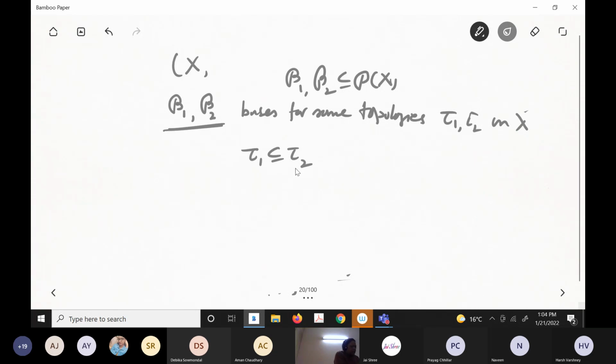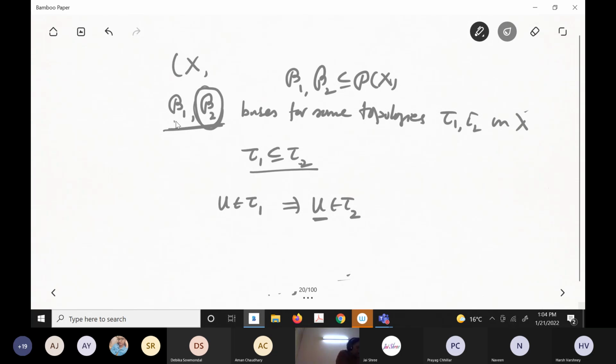Okay, now look, when you go for a base, if I want to have this, what is the necessary condition you should have? If U belongs to tau 1, I want to have it then U belongs to tau 2. That means U can be written as a union of some members of B2.